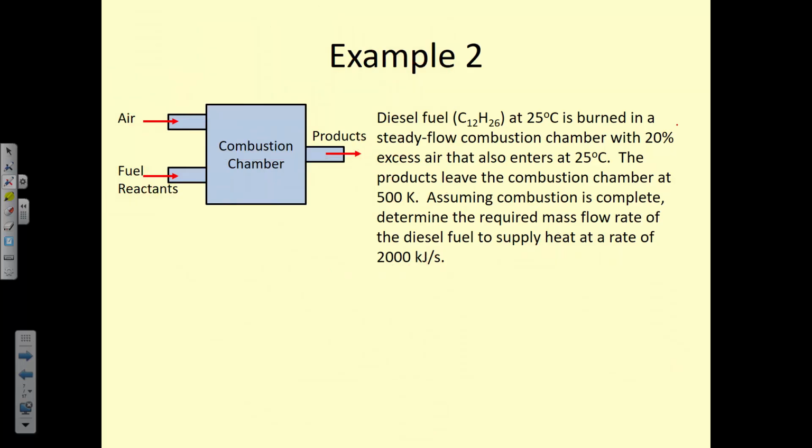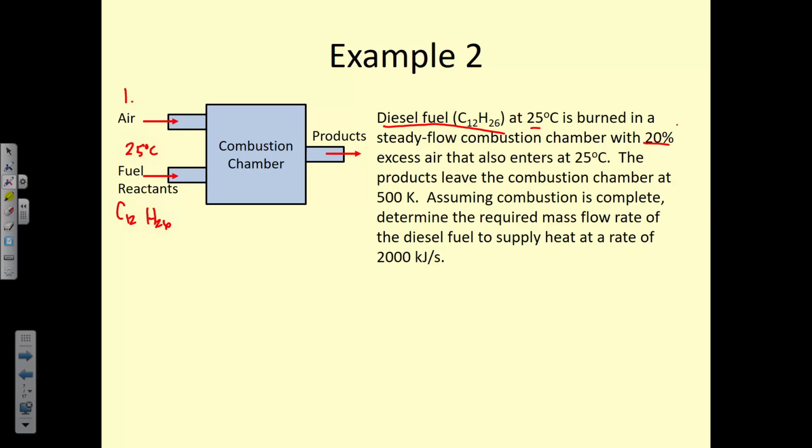Now we have diesel fuel coming in, and this diesel is C12H26, coming in at 25 degrees Celsius. It is burned in a steady flow combustion chamber with 20% excess air.